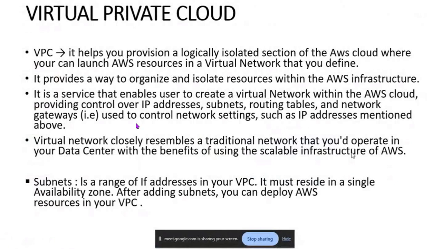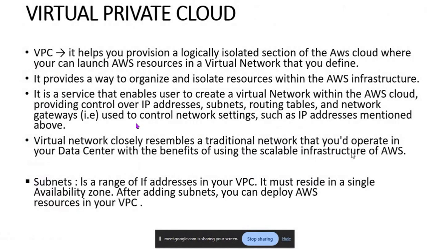Yes. So VPC logically is an isolated section of the AWS cloud where you can launch resources in a virtual network that you define. Then it provides a way to organize and isolate resources.